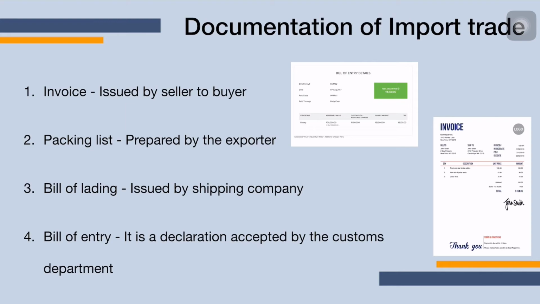The bill of entry is also known as the single goods declaration. You can see it in the picture on the screen. It's an electronic declaration that is signed as well as accepted by the customs department, so it is proof that the goods have been received.